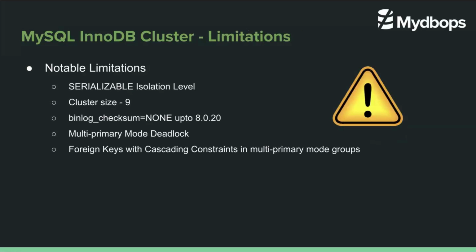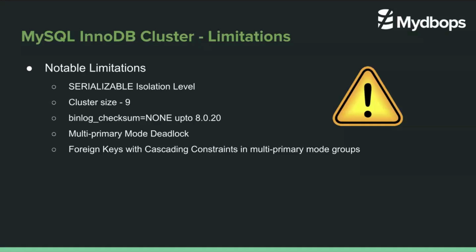Then limitations. I have highlighted a few notable limitations for the InnoDB cluster. The isolation level should not be serializable, and the cluster size can be 9 only, like only 9 nodes can be in the cluster. The binlog checksum should be none up to MySQL version 8.0.20.